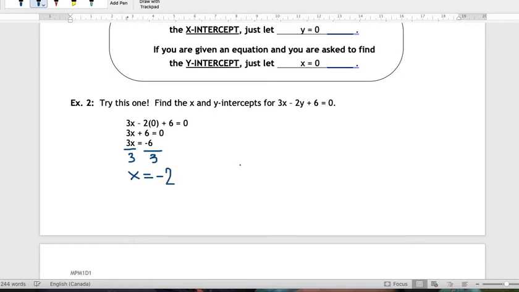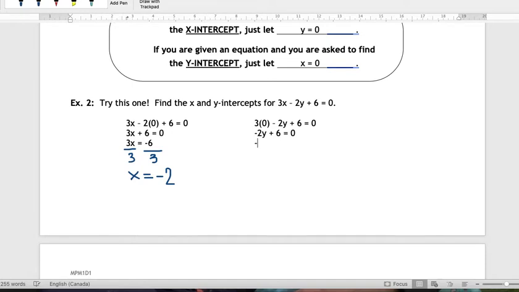You can do the same thing for the y variable. We're going to substitute 0 in for our x variable: -2y plus 6 equals 0.